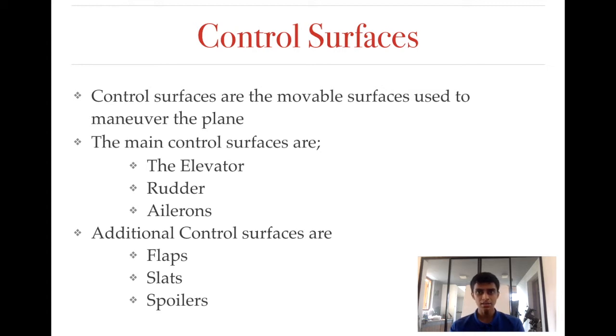In that picture, you can see that there are some parts which are colored, right? So there were, as I remember, the elevator was colored. Then there was another part called the rudder, which was colored. Then the flaps were colored and the ailerons were colored. Now all of these are control surfaces, right? So in this lecture, we'll be talking about elevators, rudders, ailerons, and flaps.